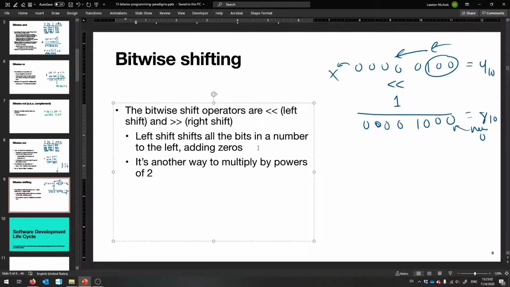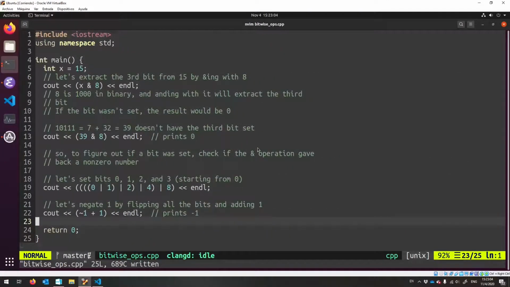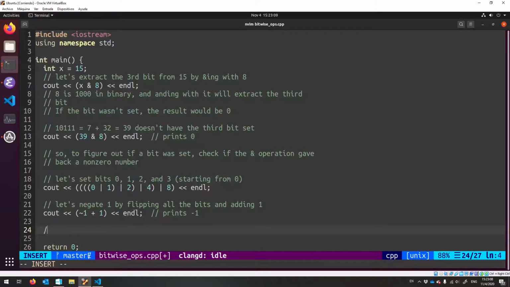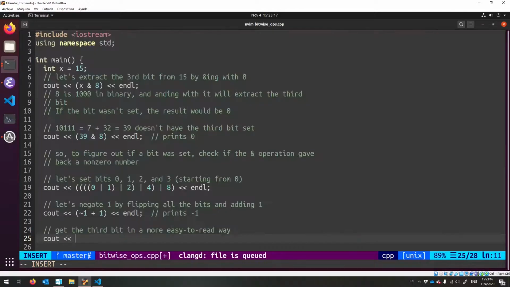And so now, if you want to get the third bit in a more easy to read way, you can say, all right, I want to take x and AND it with 1 shifted left by 3. You see that?